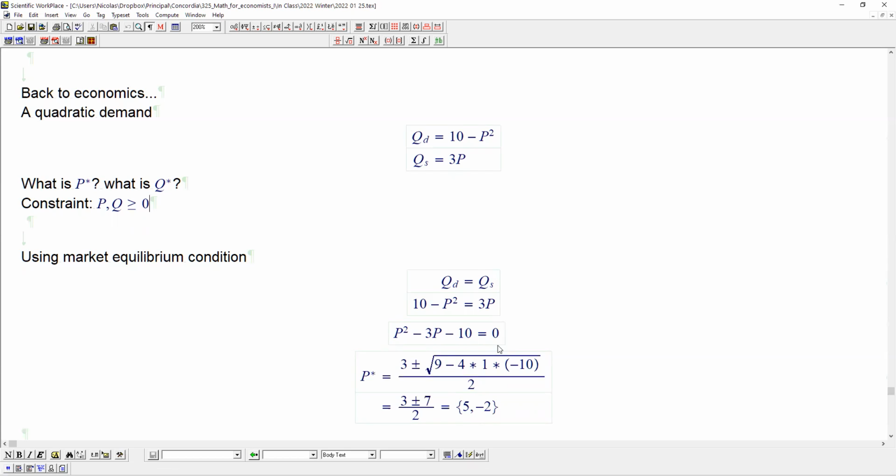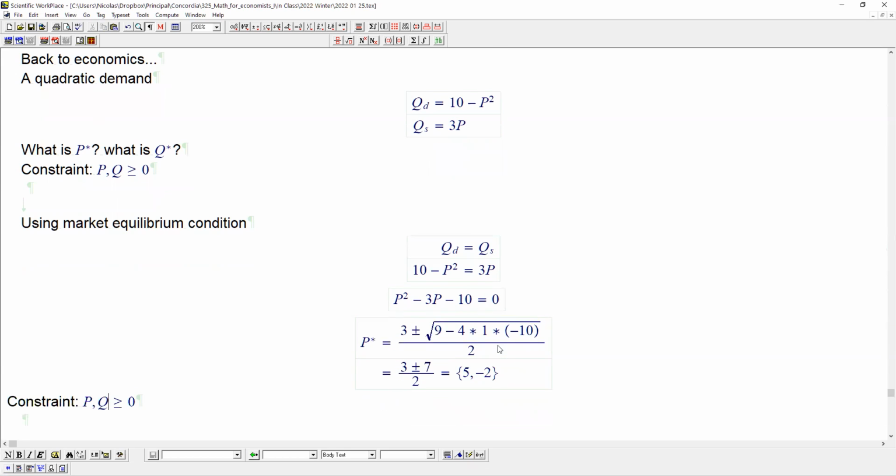So constraint here, P is greater or equal to 0. So we only keep the positive root, right? Oh, did I make a mistake or?